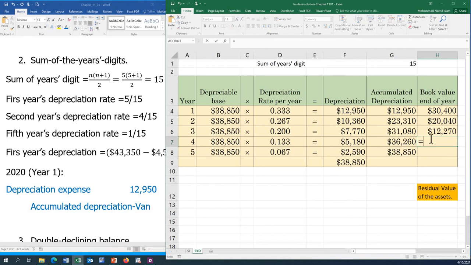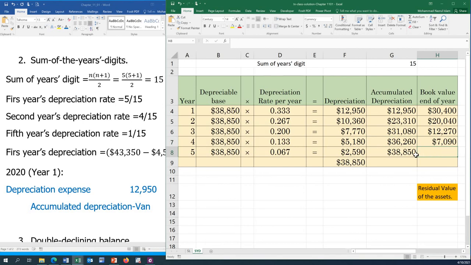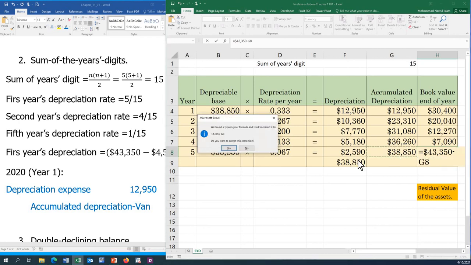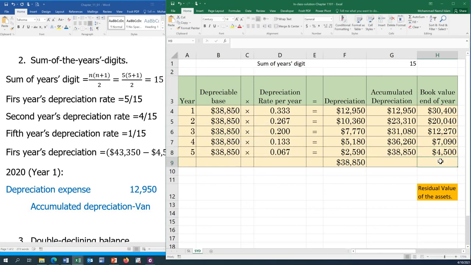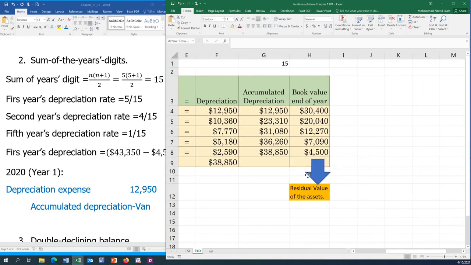For the fourth year, the same. Finally, this is the residual value of the asset, which is equal to 4,500.